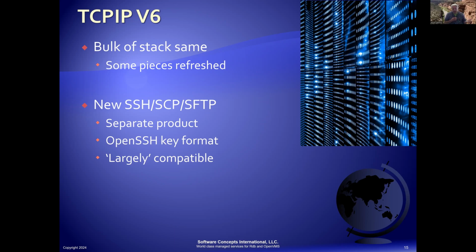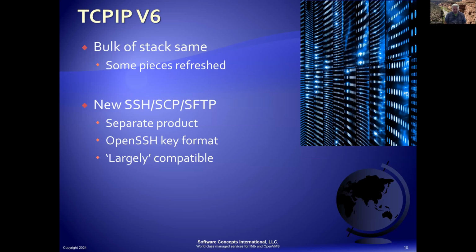You're being promoted to OpenSSH key format, which is great for interoperability with the rest of the planet. A little bit less great for interoperability with prior versions of OpenVMS. The key content is the same, the format's a little different. And the command line interface is largely compatible.